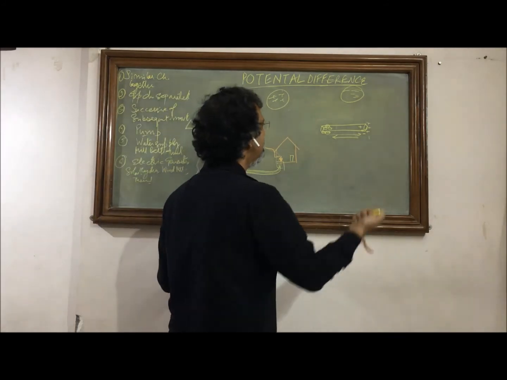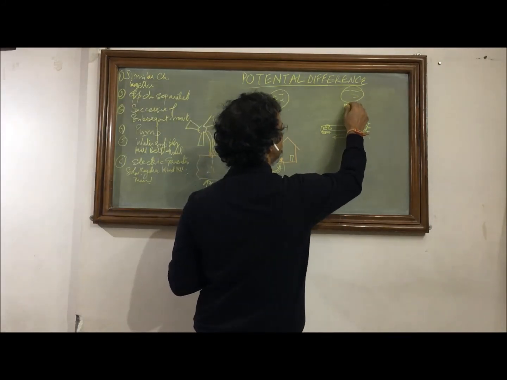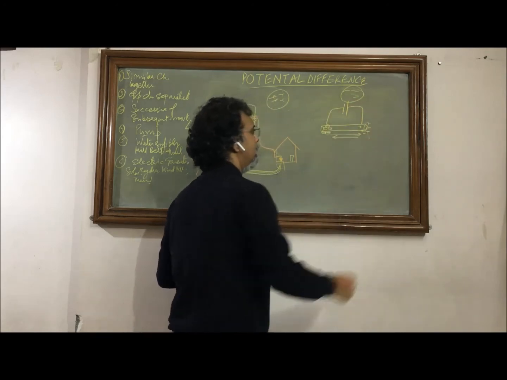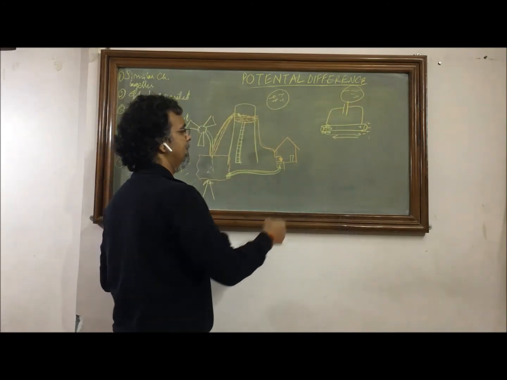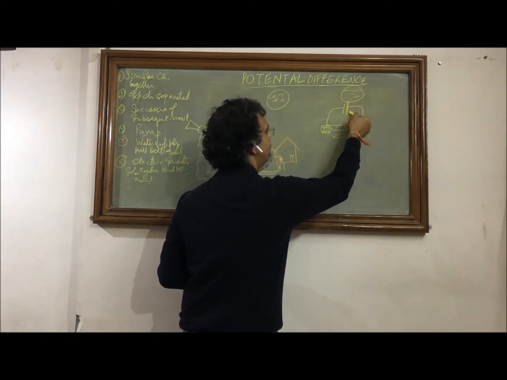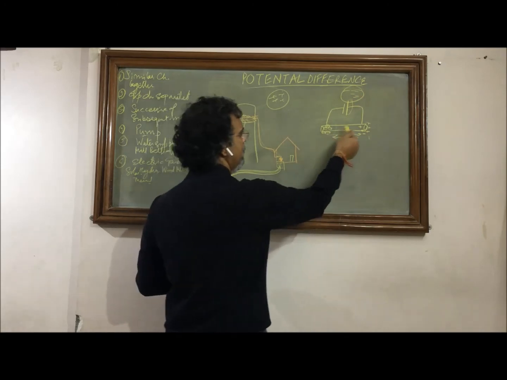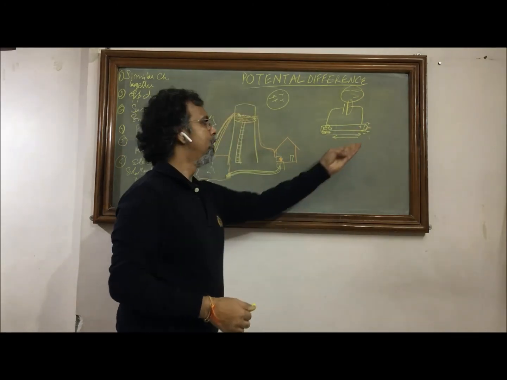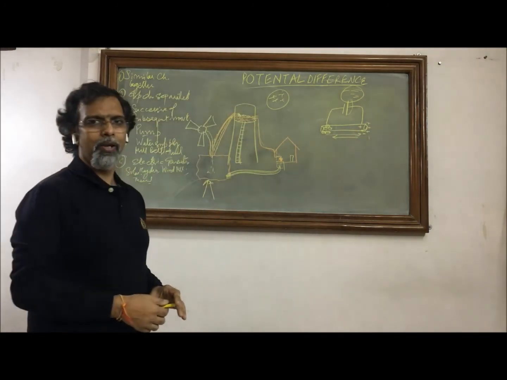So how is it done? You may have a battery setup which is like this, you know. Now the situation is, if an electron comes here, this electron is consumed by this terminal of the battery. So practically the electron does not get any chance to occupy a space here.